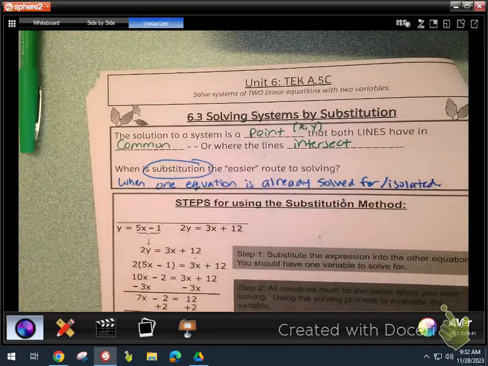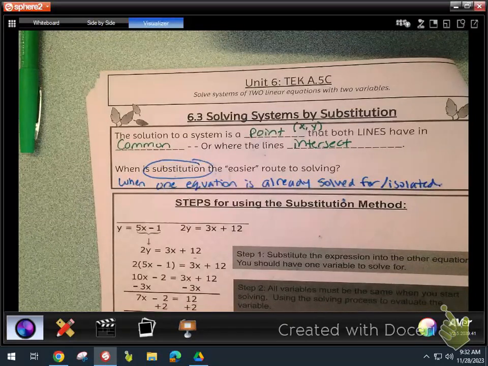So graphing is, hey, they're both in slope-intercept form. Let's put it in our calculator and graph it. Substitution, you might have one equation in slope-intercept form because y would be isolated. Y would be by itself, but your other equation is not, okay? And it doesn't matter which equation. It doesn't matter which variable.